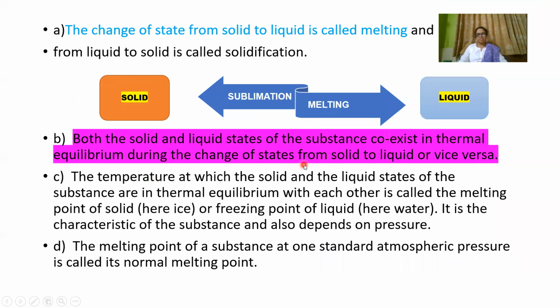During the change of state from solid to liquid and vice versa, the temperature at which the solid and the liquid states of the substance are in thermal equilibrium with each other is called the melting point of the solid. It means when solid is just converted into liquid, that temperature is called the melting point, and these two states coexist in thermal equilibrium.